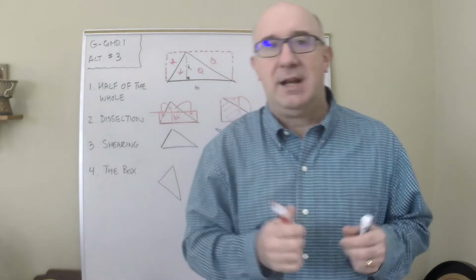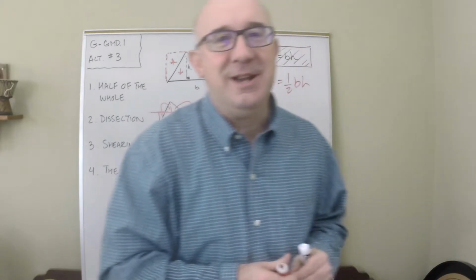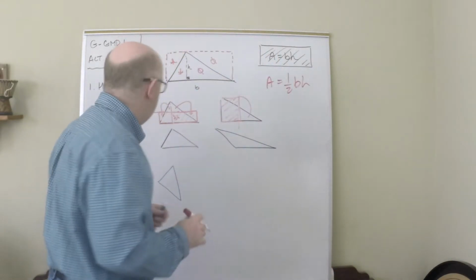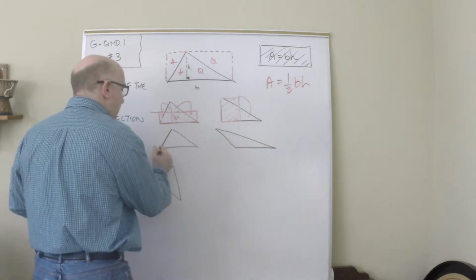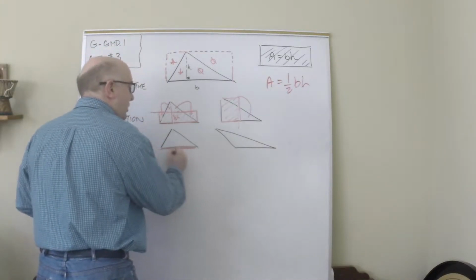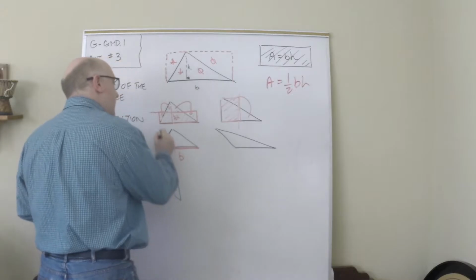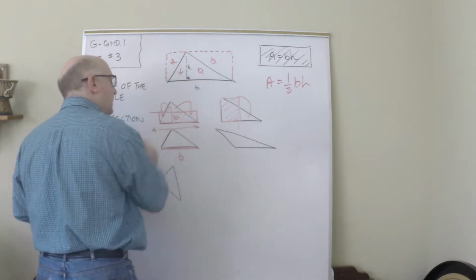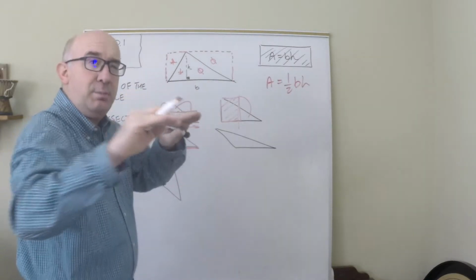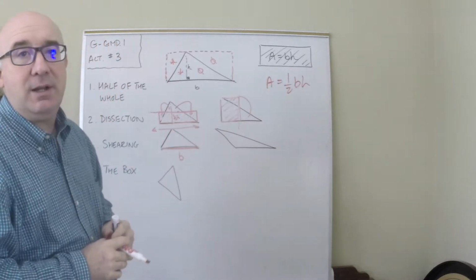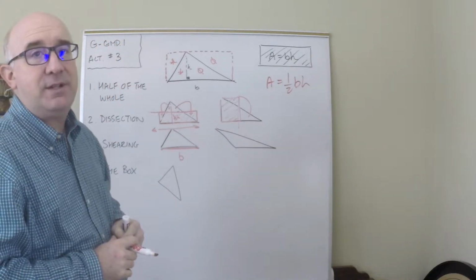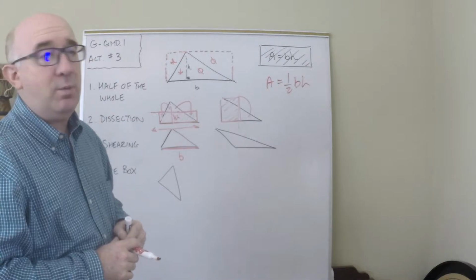And again, if you watch the last one, you'll see the idea of shearing there. And we'll do it again here. Is this idea of locking in one dimension. So we would lock in this base. And then moving along a parallel plane, a parallel line, we would move that vertex until we obtained whatever we wanted.